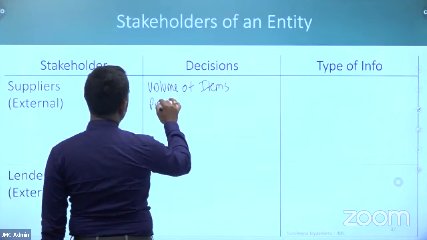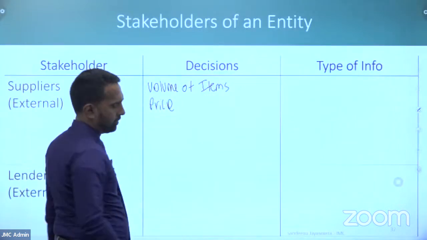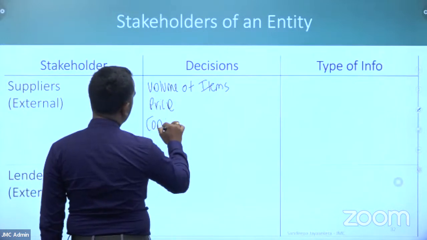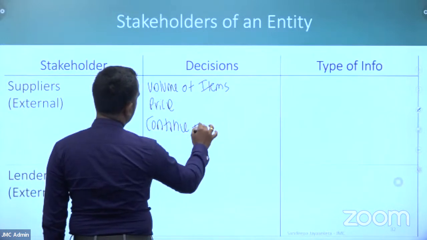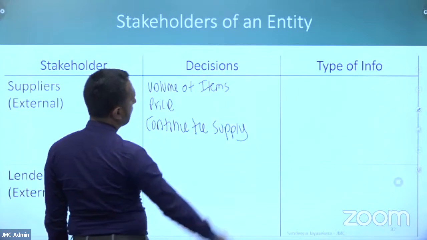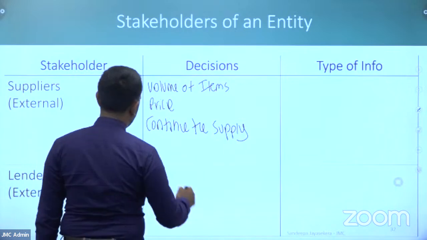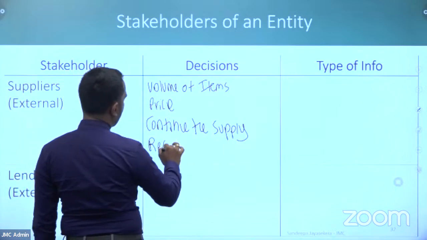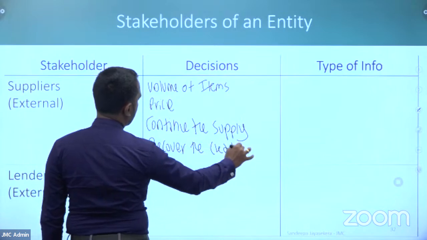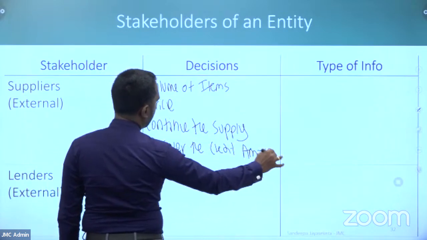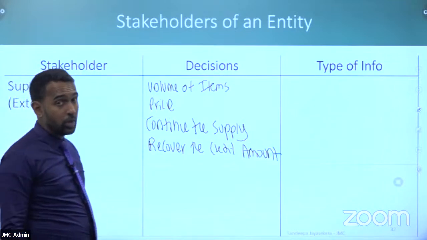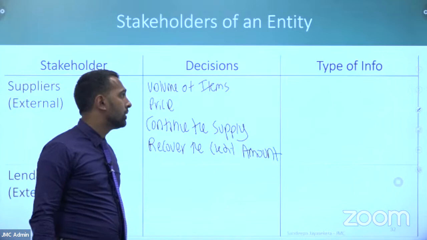You are going to take decisions about the pricing, whether to continue the supply or not, and will you be able to recover the credit given. Will you be able to recover the credit amount given?